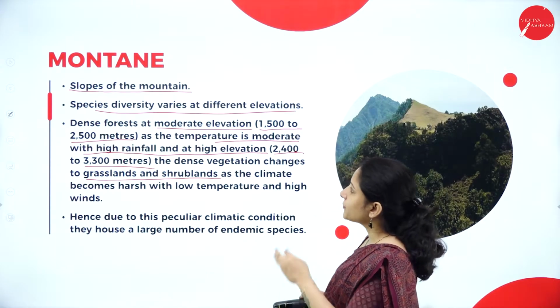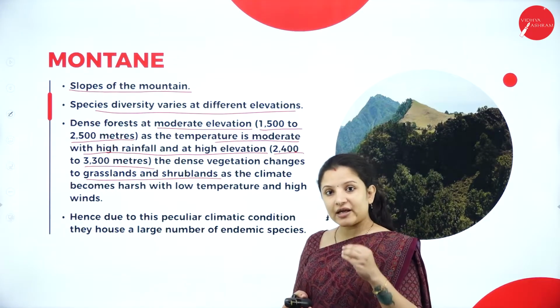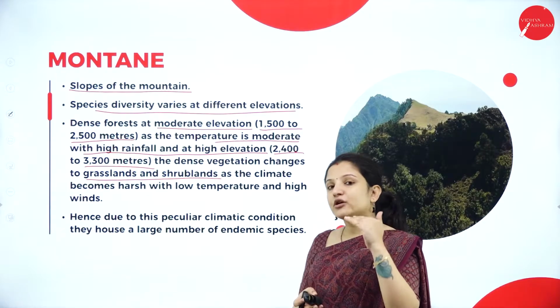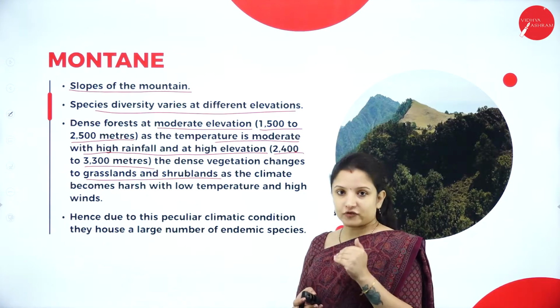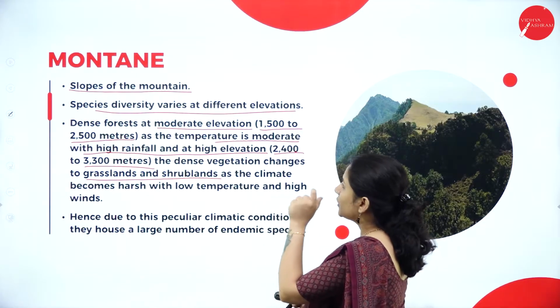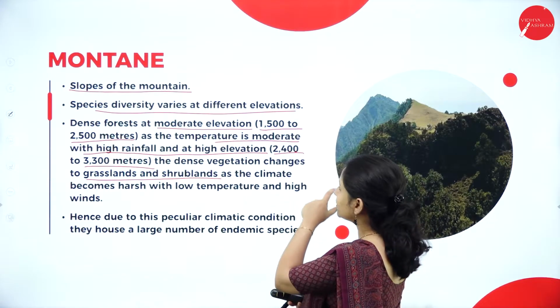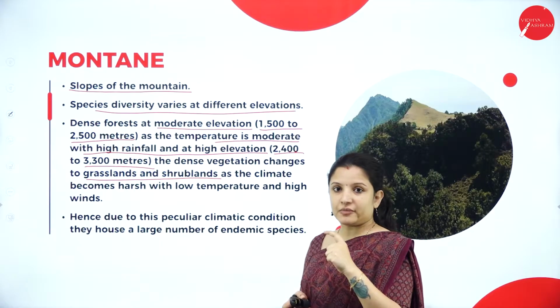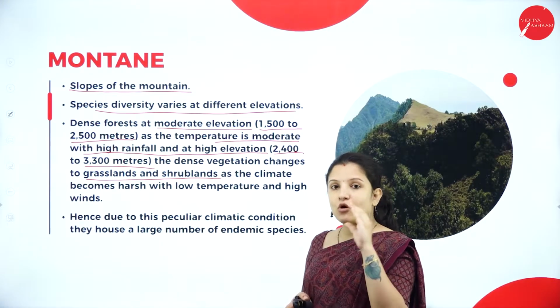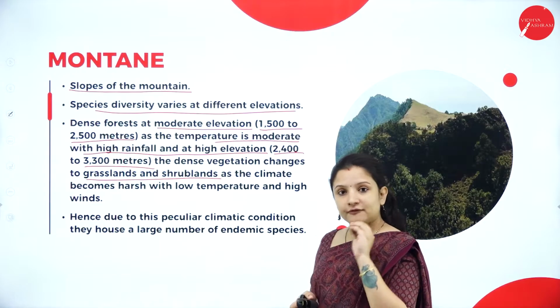I told you the species diversity varies within the mountain itself, because a mountain is nothing but the slope of the hill, right? Up to a height of 1500 to 2500 meters, the mountain will have very dense forest.